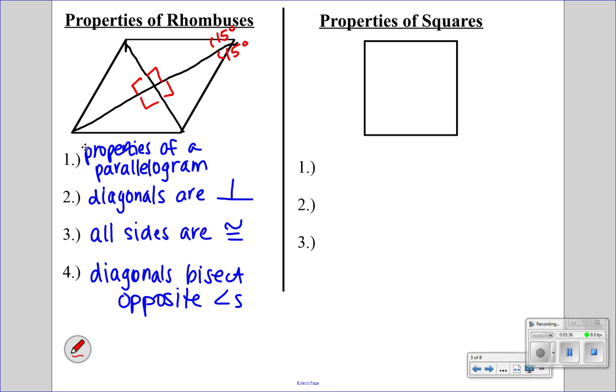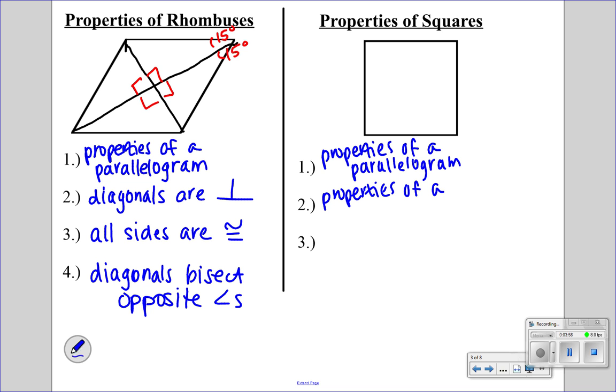Now a square is very special because it is a parallelogram, so it still has the properties of a parallelogram, but it also has the properties of a rectangle, and it also has all the properties of a rhombus.